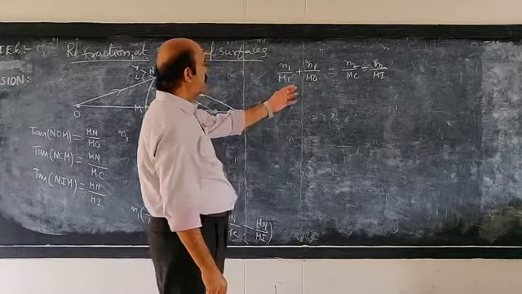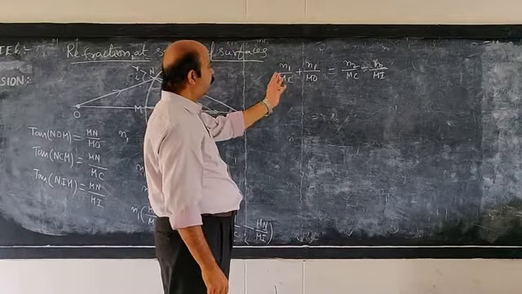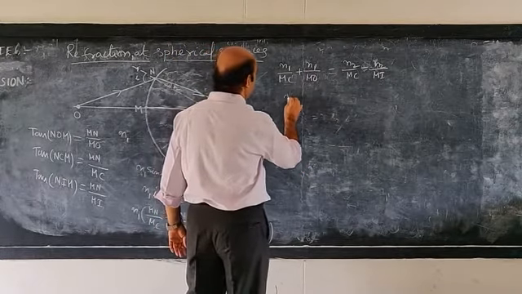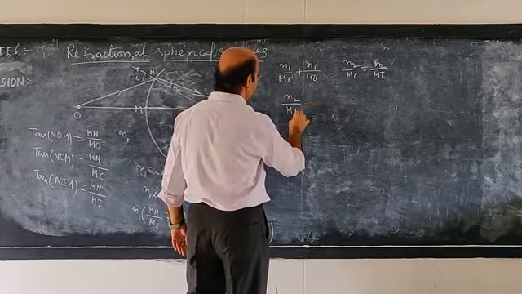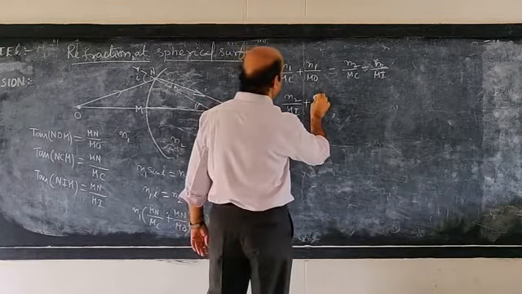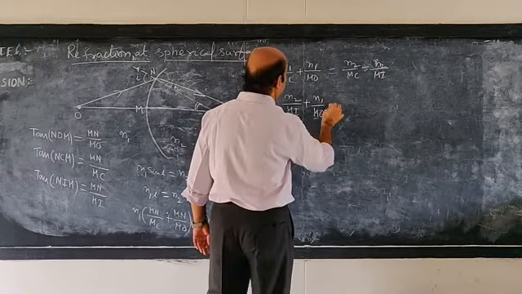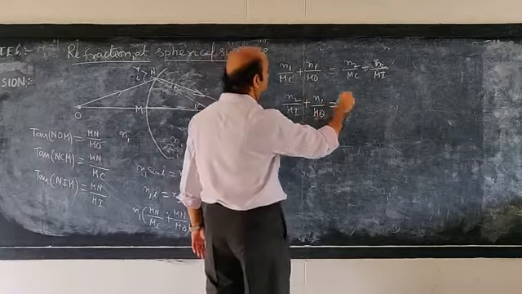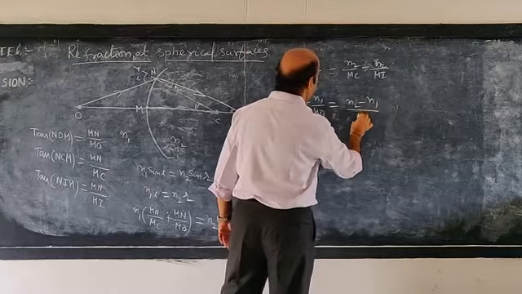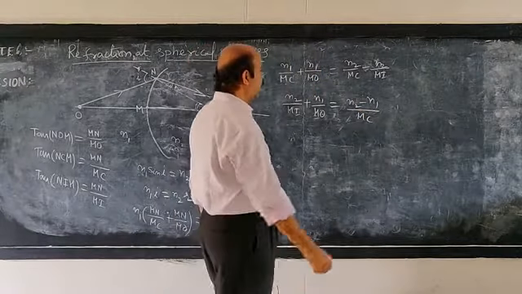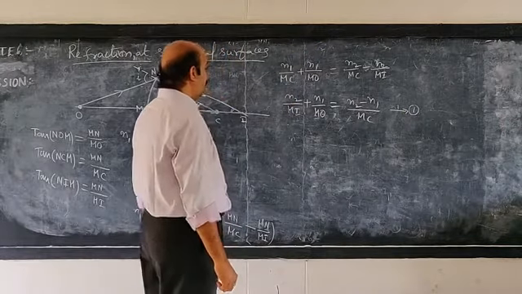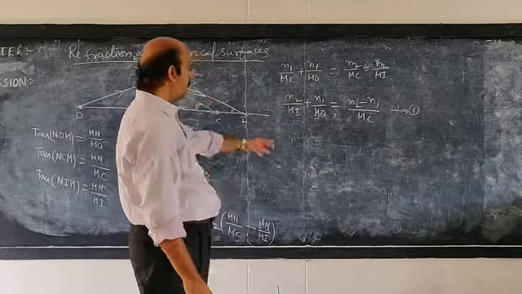So let us take this N1 by MC to that side and this N2 by MI to this side. So I can write N2 by MI plus N1 by MO is equal to, if you take this N1 to that side, N2 minus N1 by MC. Okay, this is what we got. Now let us substitute the symbols.